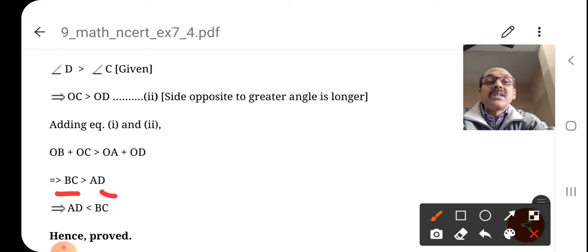So BC is greater than AD, or you can say AD is less than BC. This is our question, hence proved.